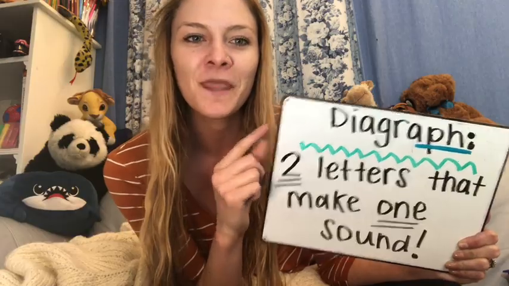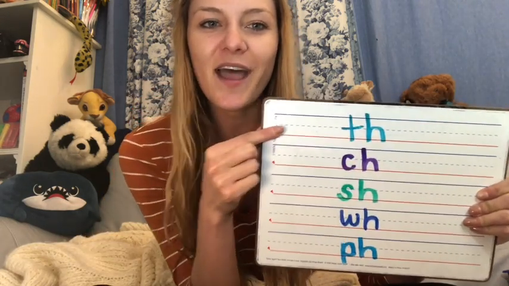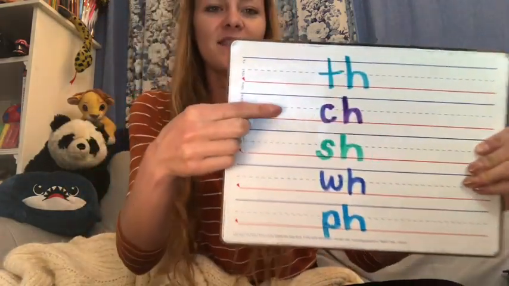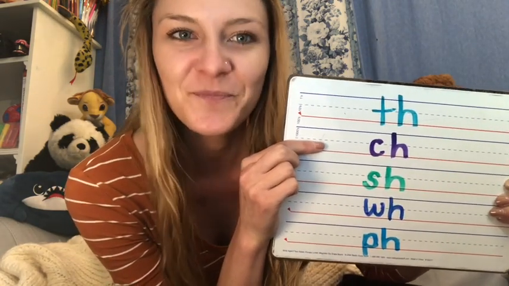F. Now, there are 5 digraphs. TH, those two letters, when they come together, say th, like this with your mouth. And then CH, when it comes together, it usually says ch, kind of like the sound a train makes, ch, ch, ch, right?